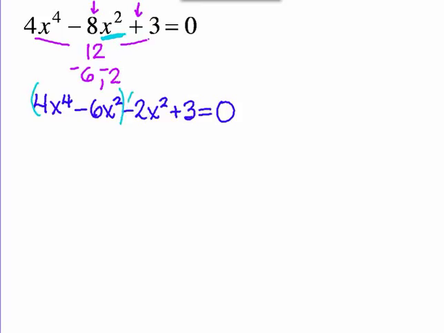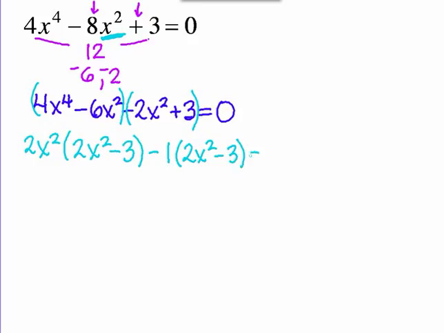So what can you take out from the first bunch? 2x squared, nice. That leaves me with 2x squared minus 3. Good job. What can you take out from the next? -1, yep. Why do we want to take out a -1? To make them match. If we would have taken out that 1, they would not have matched and we would have had to go back and do it anyway.